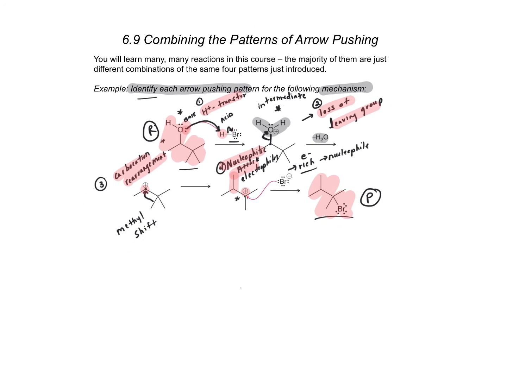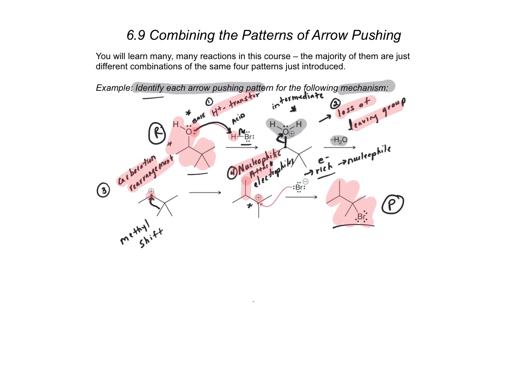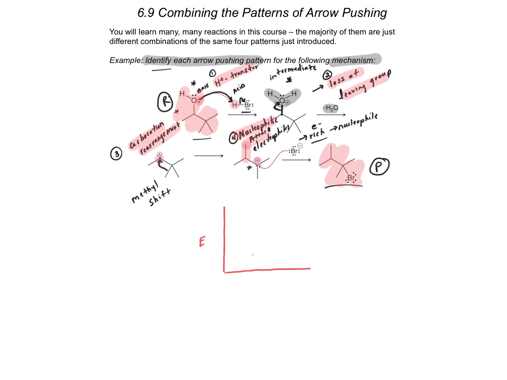Now, in this last little bit, I wanted to go back briefly to our transition state or energy coordinate diagrams that we talked about at the very beginning. Where we have energy here, and at the bottom we have reaction progress, or reaction coordinate.